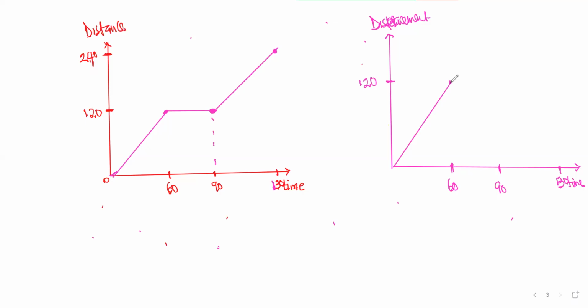So she's now at a friend's house. She has covered a distance of 120. And let's connect that on a graph. A distance of 120, there it is, corresponding to this time.